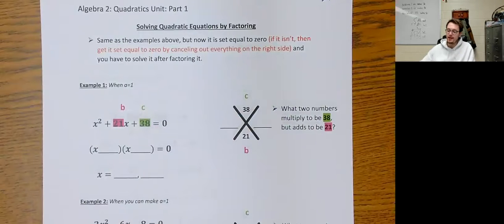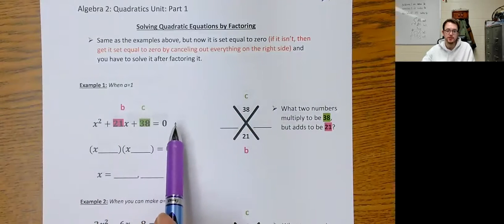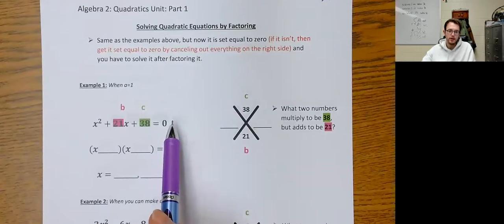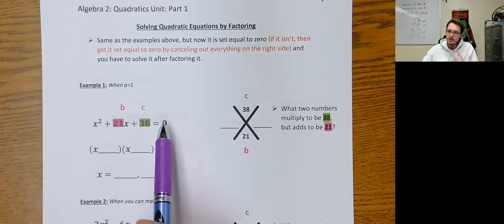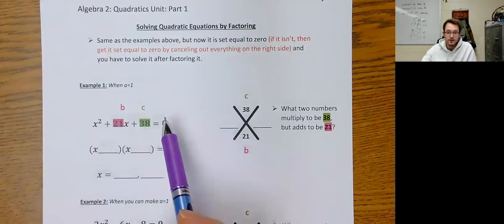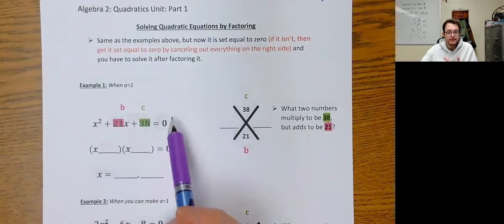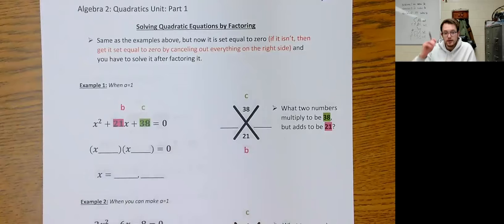You need it to be in standard form, ax squared plus bx plus c equals zero. Unless you're solving by square roots, which I'll show an example of towards the end of this video. But if you're going to factor or if you're going to use the quadratic formula, it needs to be set equal to zero.